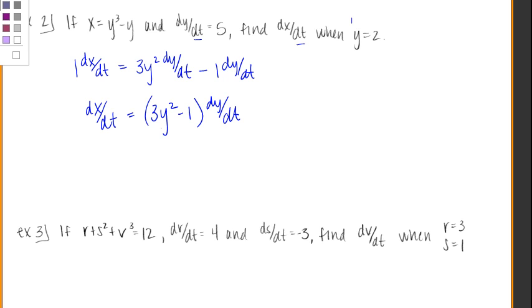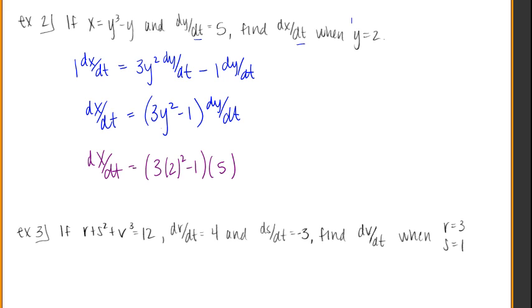Taking the next step, dx dt is going to be 3 times 2 squared minus 1 times dy dt, which is 5. So 3 times 4 minus 1, and then times 5. This gives us an answer of dx dt equals 55. And that's what we're looking for.